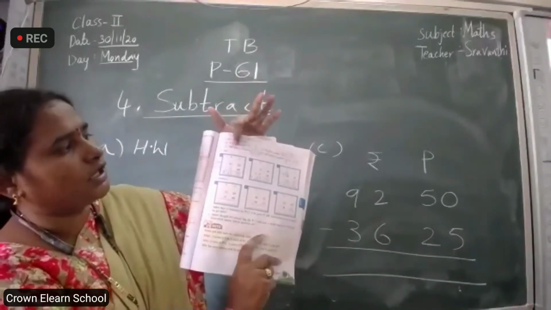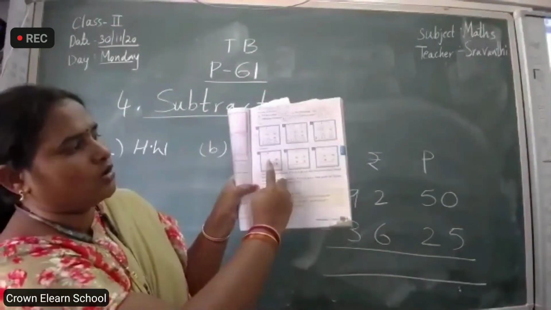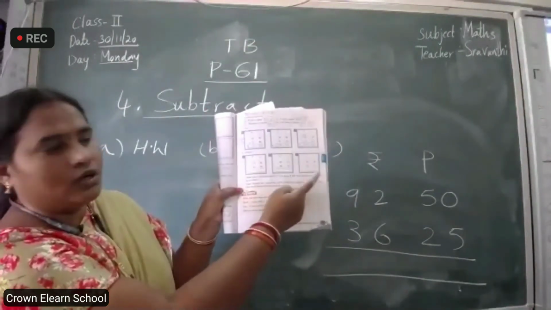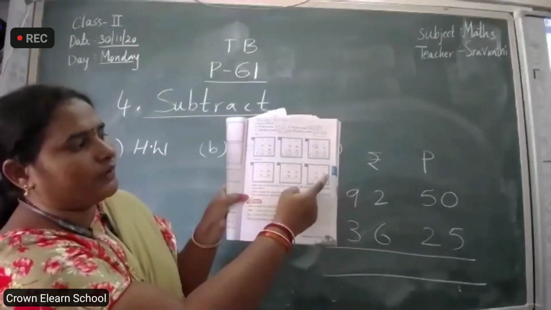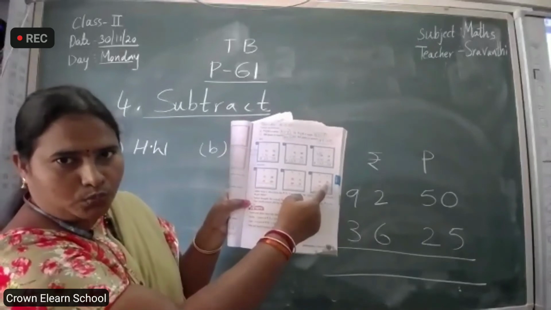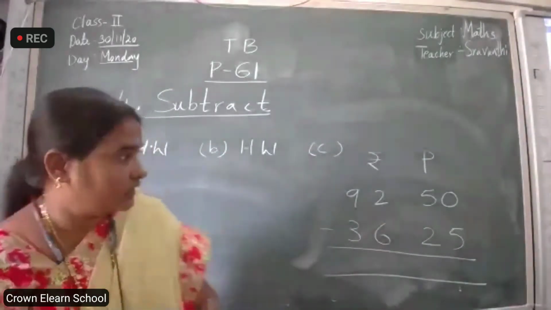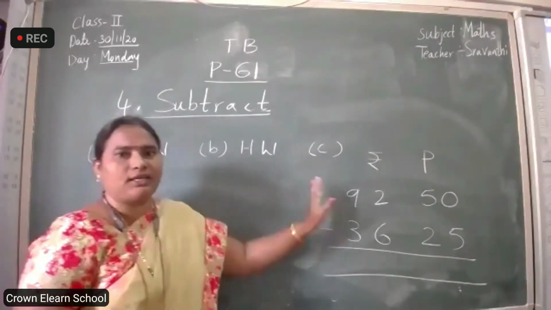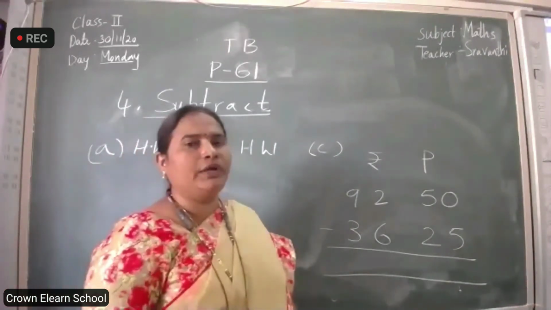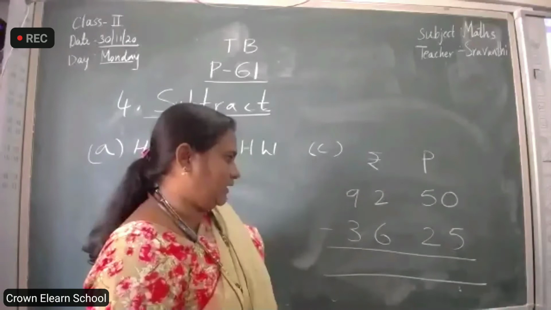Second and third I already taught. Now here 3 sums we have. First 2 sums do as homework. Now let us do the third sum. Okay, these 2 homework. Let us do this. See. Are you ready? Okay.